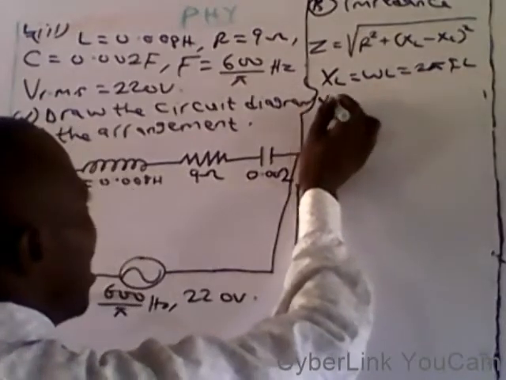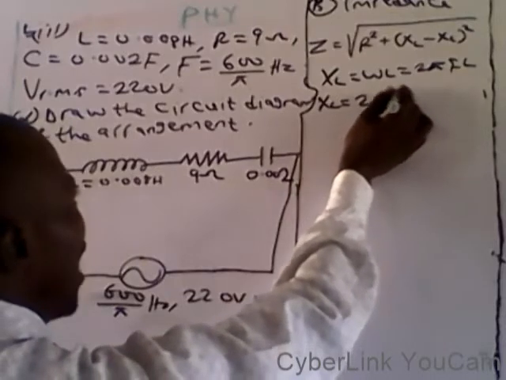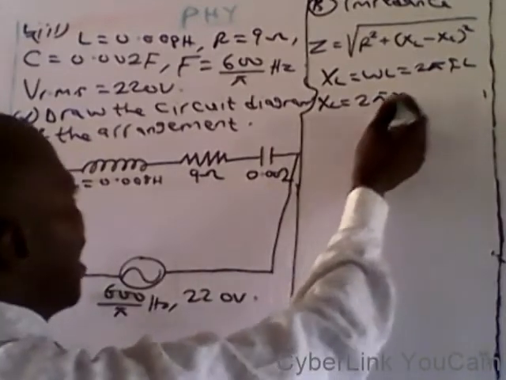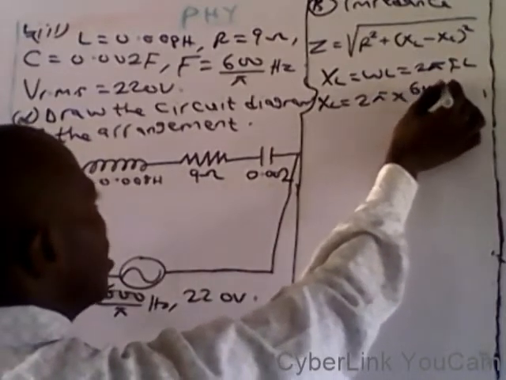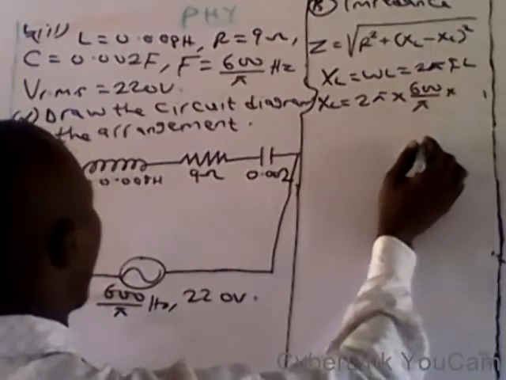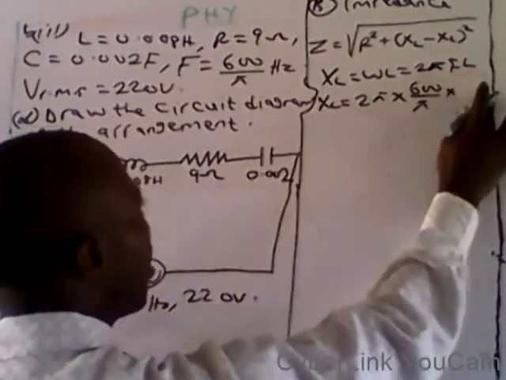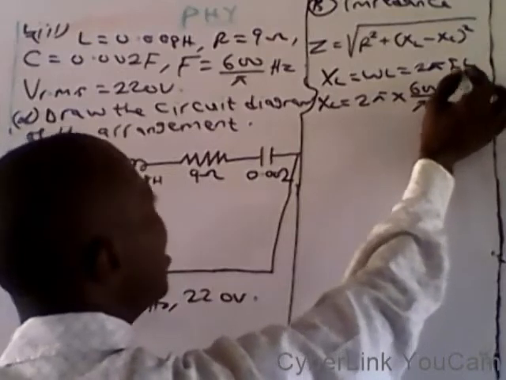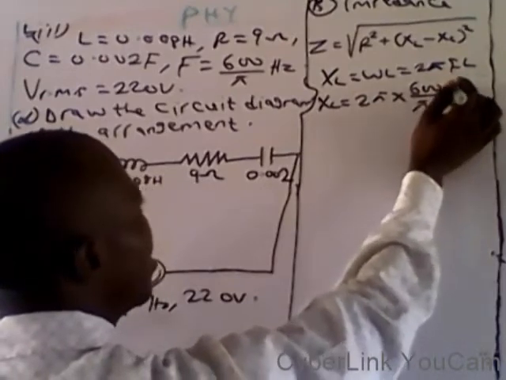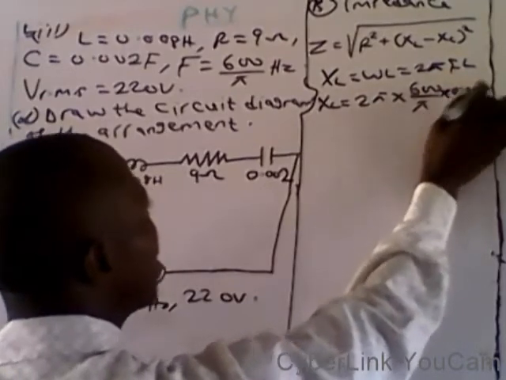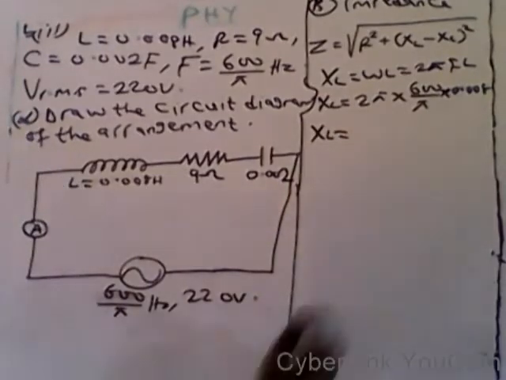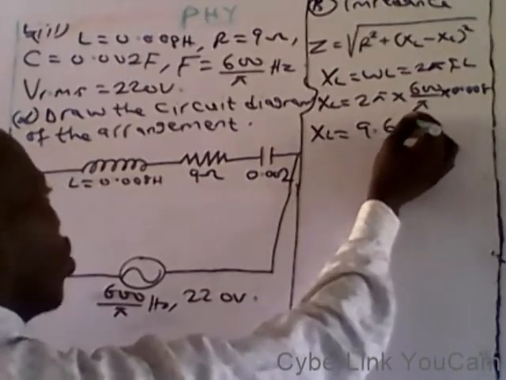Now, my XL equals omega L, that is 2 pi FL. So my XL will be 2 pi times F. What is my F? My F will be 600 over pi times, what is L? My L is 0.008. So XL will be 9.6 ohms.